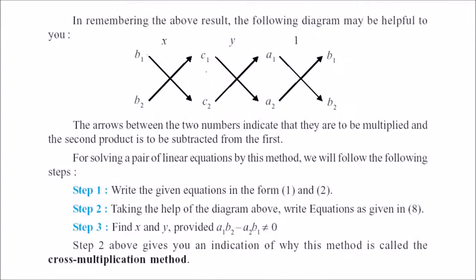How to remember? You have to write b1 b2 c1 c2 a1 a2 and again b1 b2. For finding x, you do b1 c2 minus b2 c1. For finding y, you do c1 a2 minus c2 a1, and the denominator for 1 will be a1 b2 minus a2 b1. This is how you get it.